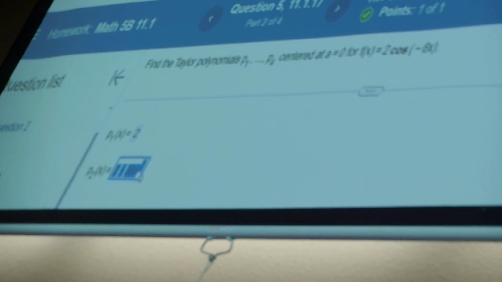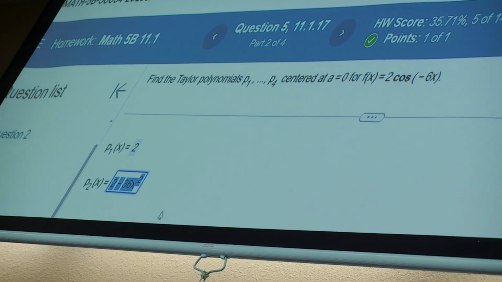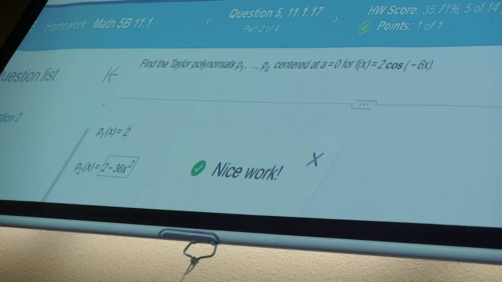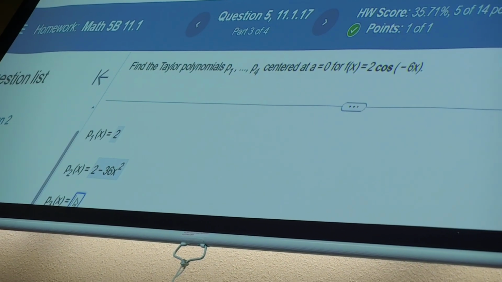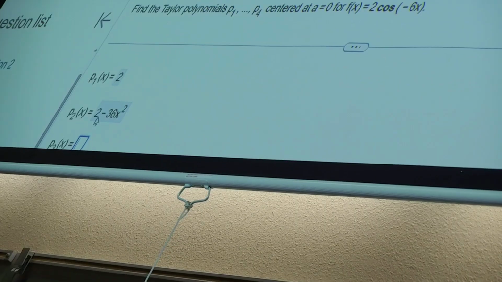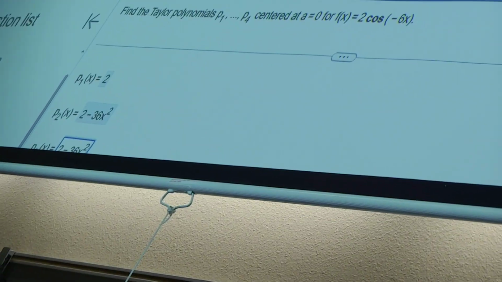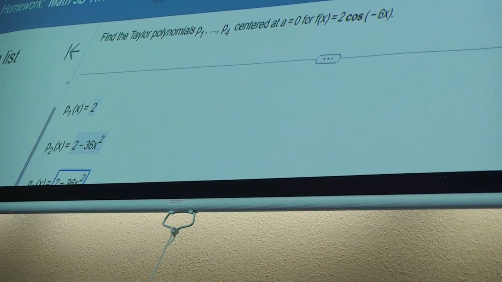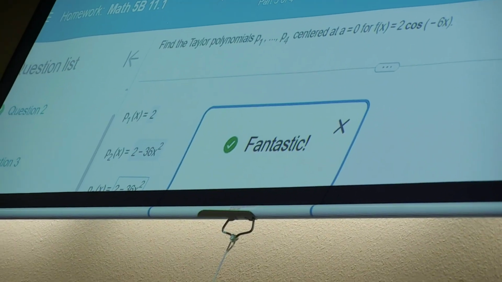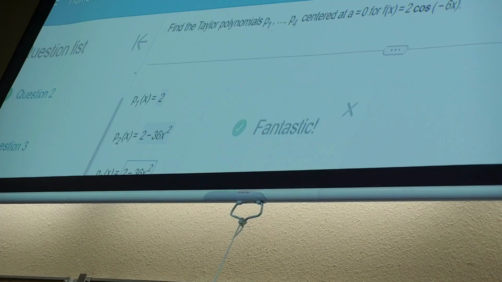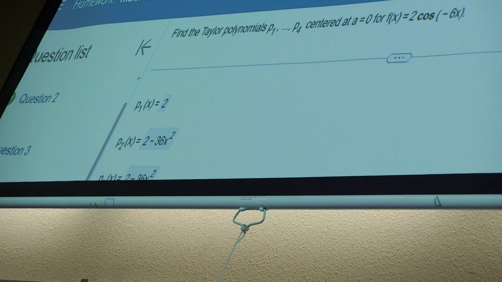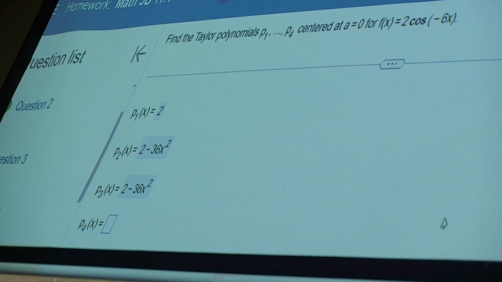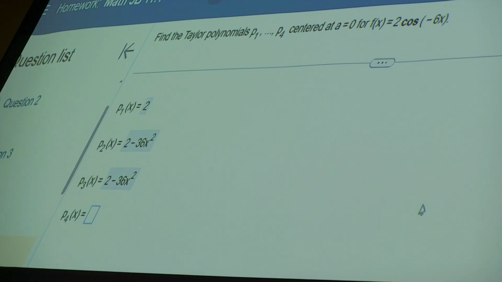Okay, now here, I am going to copy and paste, highlight it, copy, check. Now if you forget to copy, you just have to type it again. But now I can paste. P3 was the same, right? Yeah, see that? Fantastic. P3 was the same.